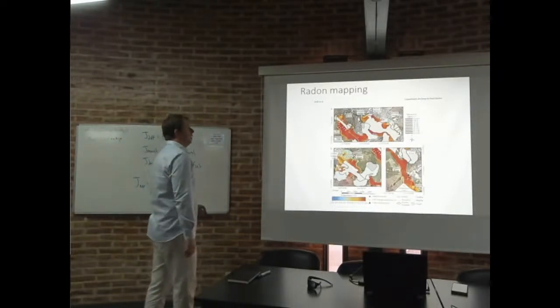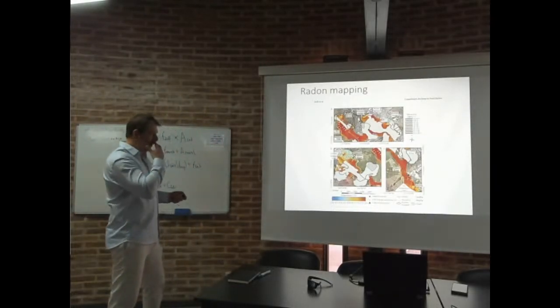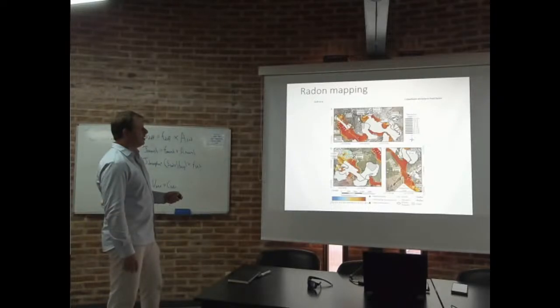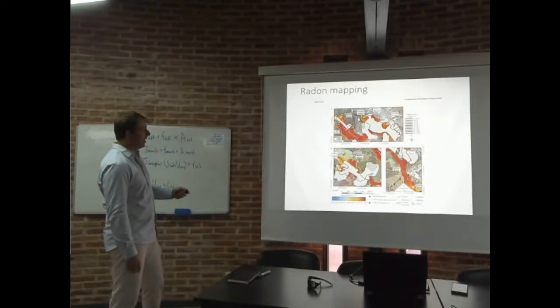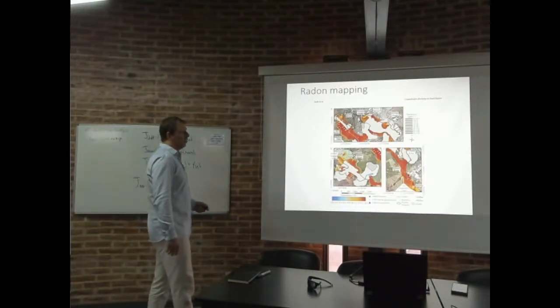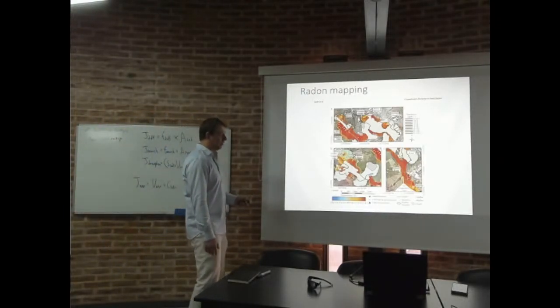So this is not my work, it's one of our colleagues'. Here you see the radon activity is this kind of stringy line that's going through the coastal area in these different spaces, and the high radon activity is in red colors, and the low radon activity is in cold colors.